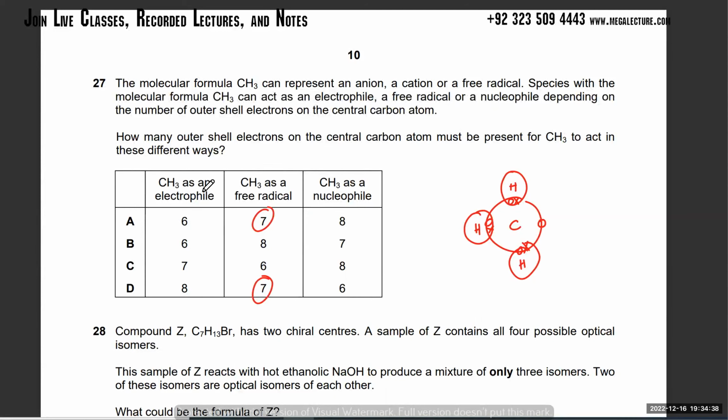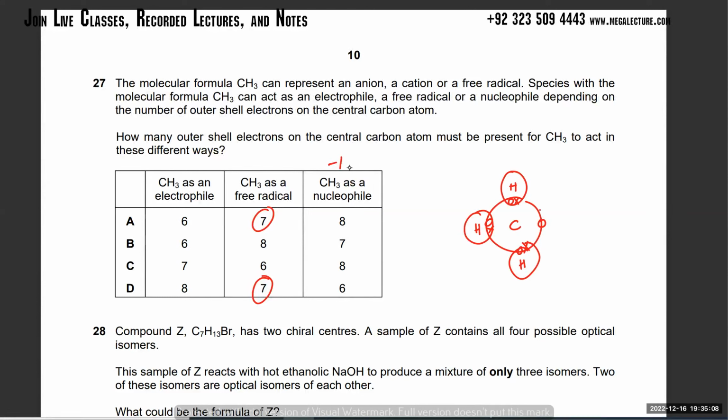Then if it's acting as, let's say, a nucleophile, who gets attracted to a nucleophile? A positive ion or a negative ion? Positive. Sorry, if it is a nucleophile, it is nucleus loving and positive charge loving, so it must be negatively charged, right?